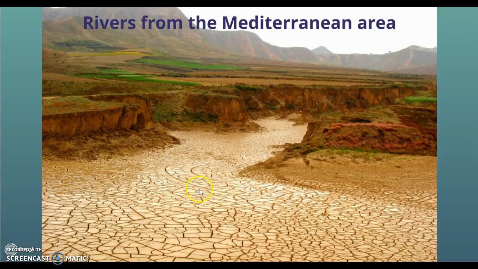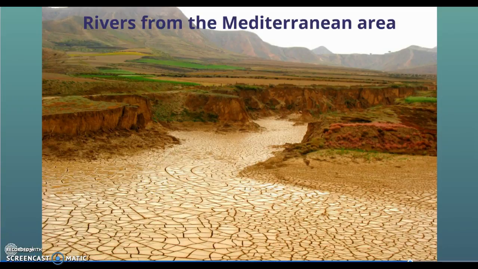So you have to take into account the river is only flowing whenever wet moments or wet weather is current. So except for the weather with wet moments, the rest of the year in the Mediterranean area and in desert areas, the rivers have a very low flow or are without water at all.